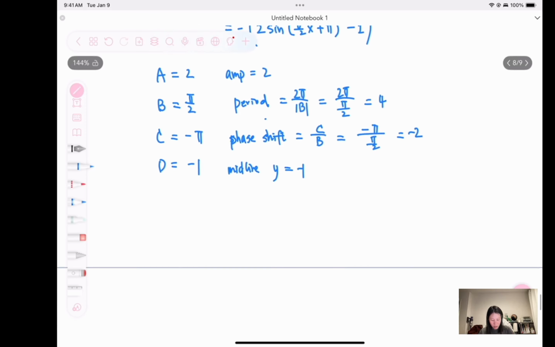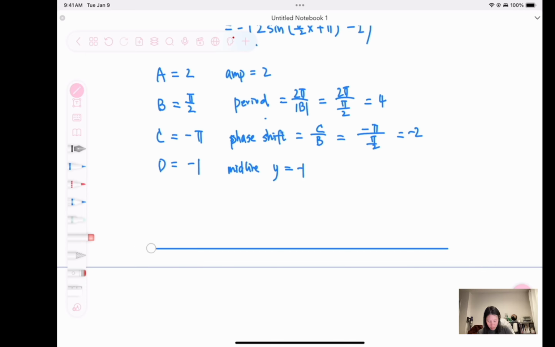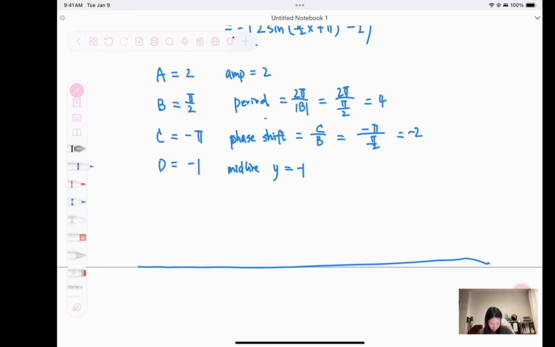Now, let's draw this. Maybe I can do it here since they will give you a midline. We know that the midline is equal to negative 1. Let's say this is the negative 1. And the amplitude is equal to 2.